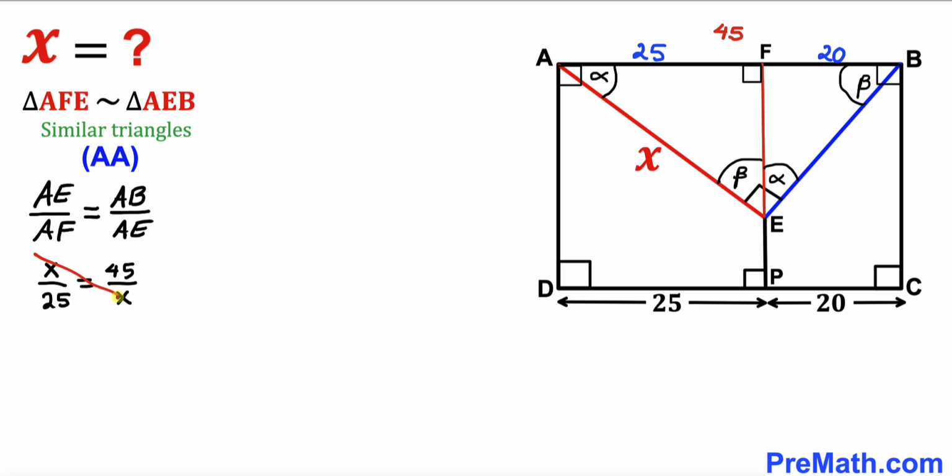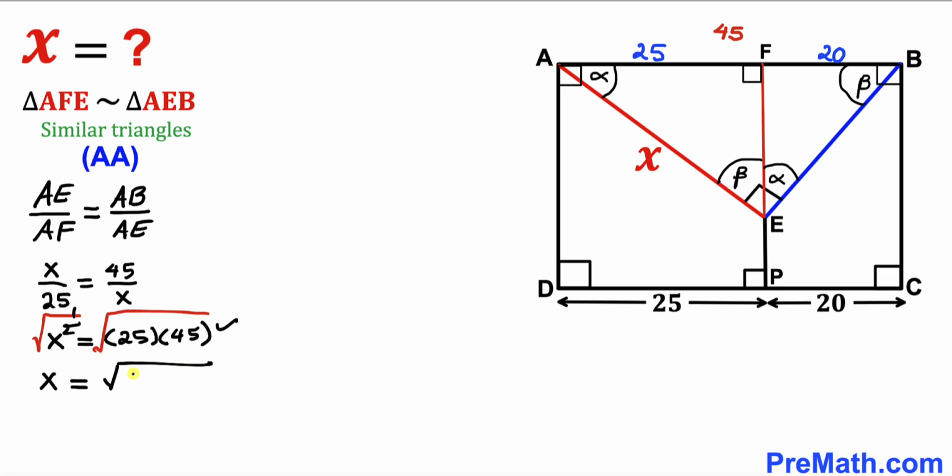Now let's cross multiply. x times x gives us x squared, and here we write 25 times 45. Now let me undo this square by taking the square root on both sides. On the left-hand side the square and square root are gone, so we end up with x equal to the square root of 25 times 45. 45 can be written as 9 times 5.